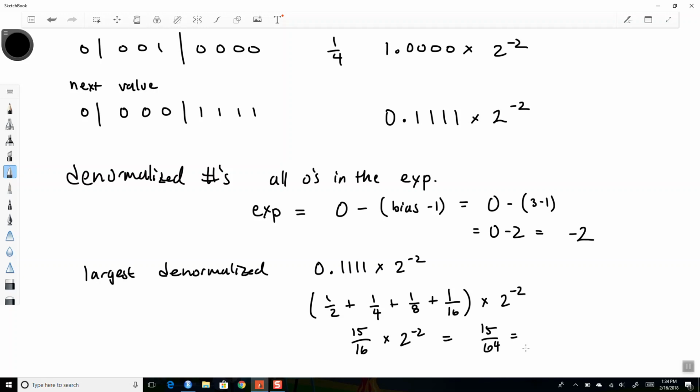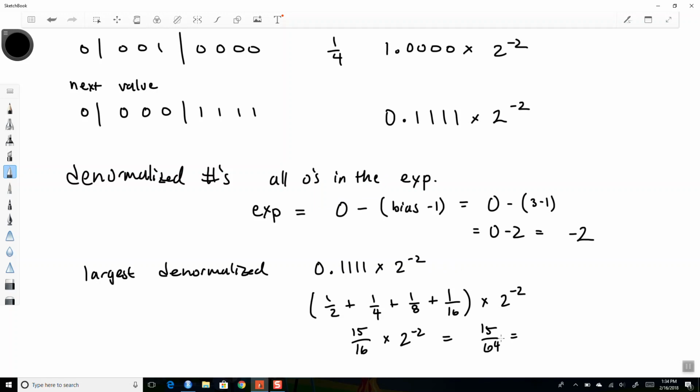So basically it's 1/64 less than 1/4, right? So 1/4 is 16/64, and the next value smaller is going to be 15/64. And I don't know what that is in decimal, I don't know what 1/64 is off the top of my head. So the largest denormalized value is going to be 15/64.